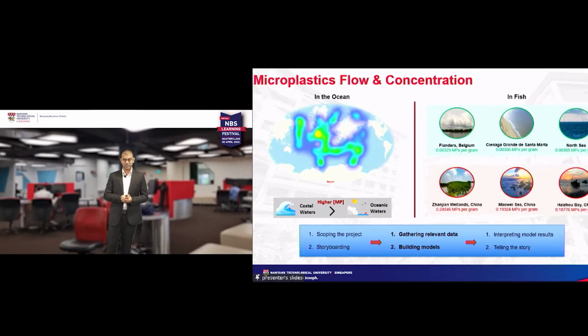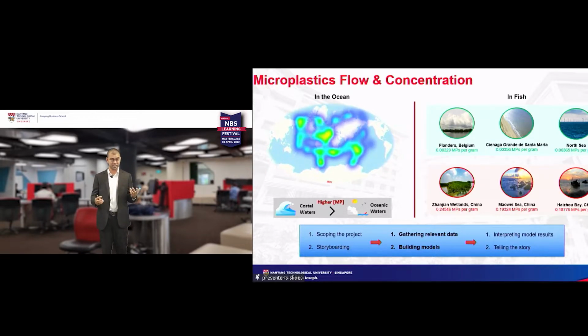As an NBS student, we were exposed to a variety of analytical methods and approaches, and these include various forms of regression. So we have linear and logistic regressions, we learned about neural networks, we learned about decision trees, and these are just a few of the techniques that we've learned. And in order to continue with our project, the predictive tool that we decided to use was the linear regression model.